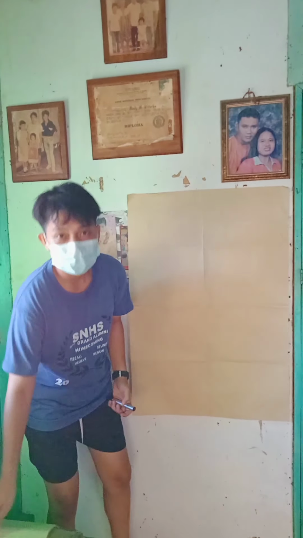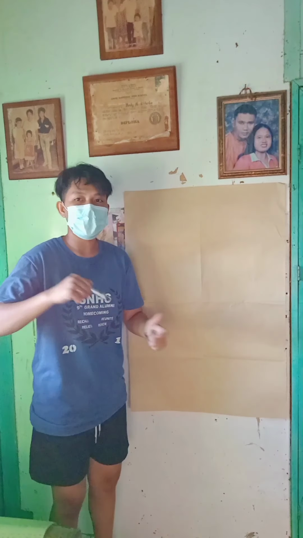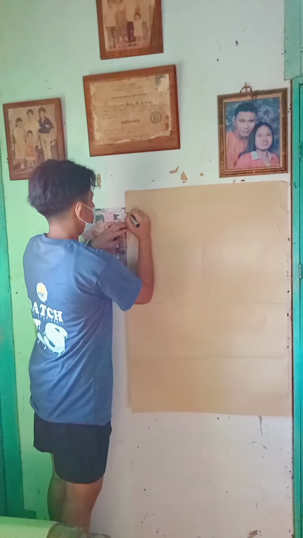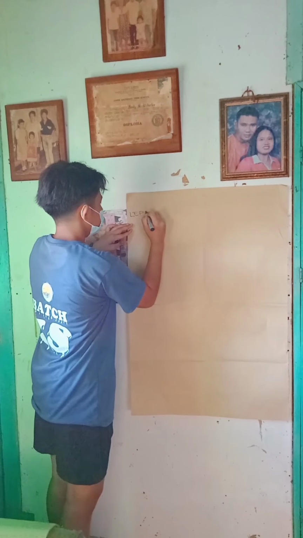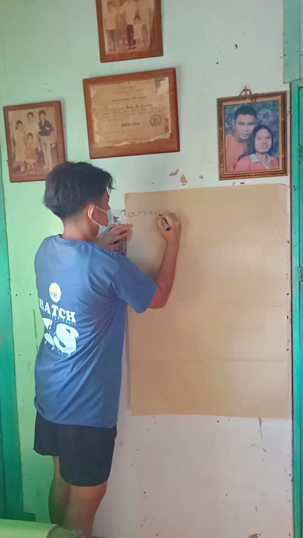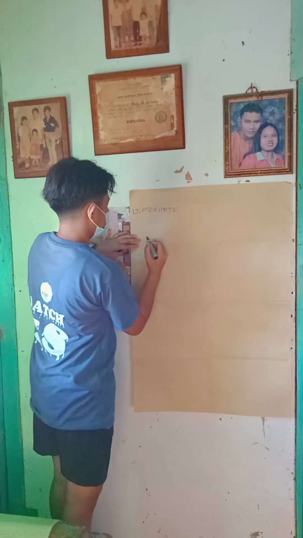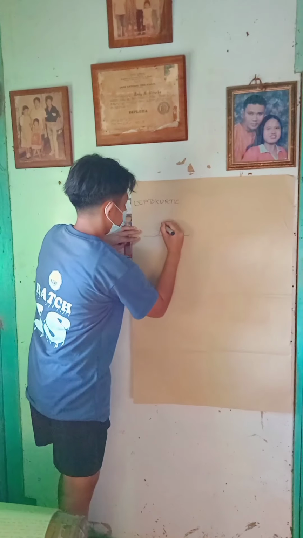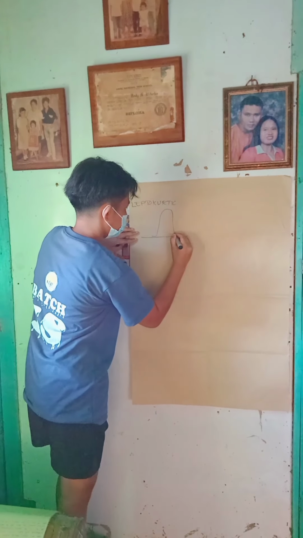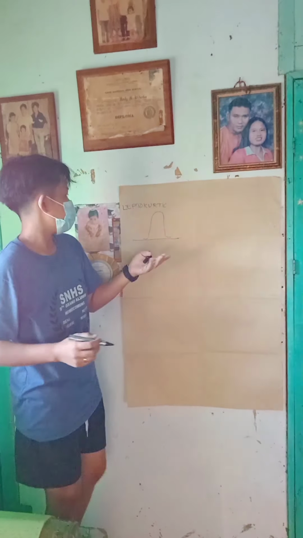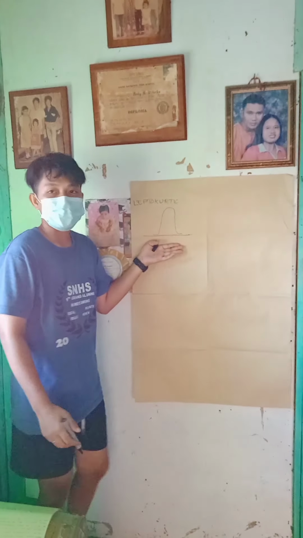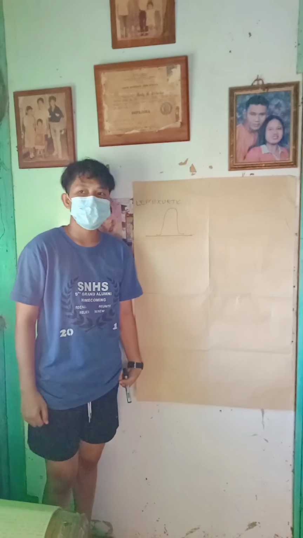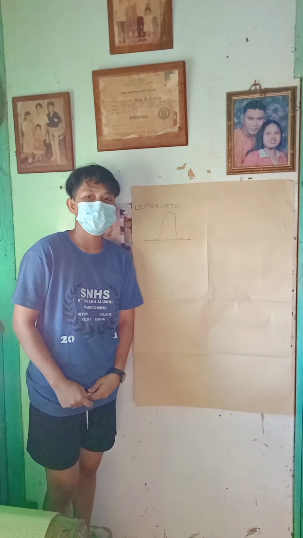I will show you what leptokurtic looks like. This is what leptokurtic looks like. So, leptokurtic has more values in the distribution tails and more values close to the mean.